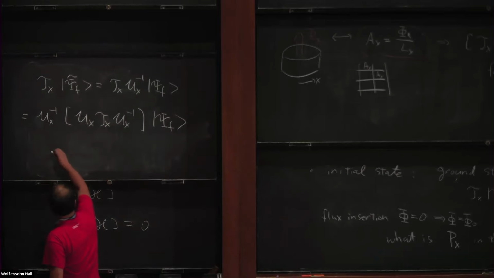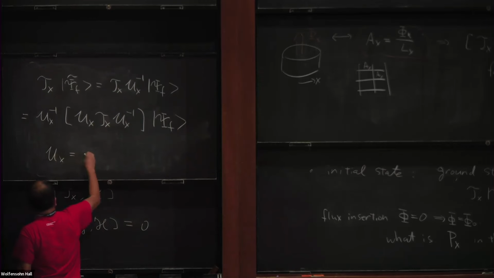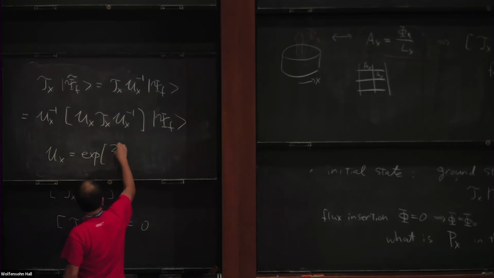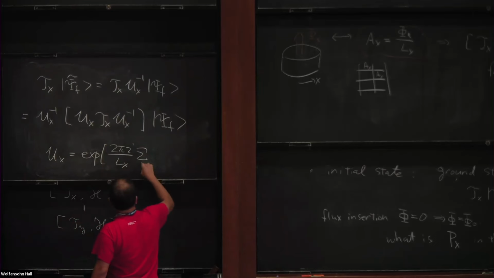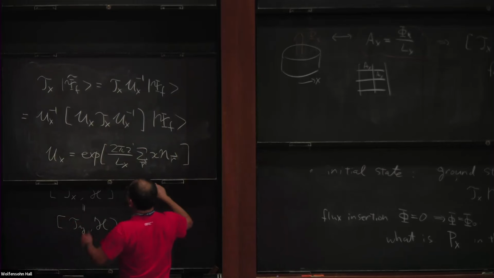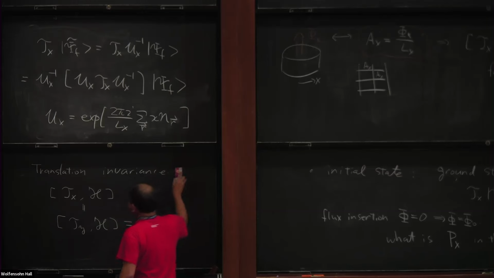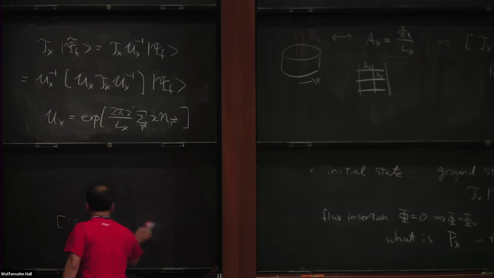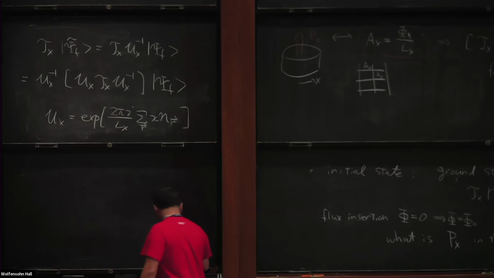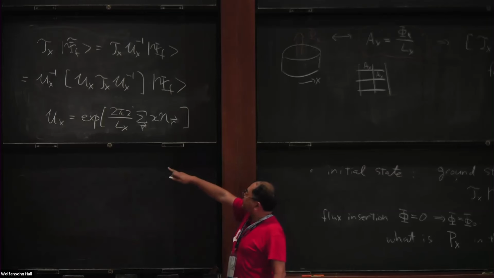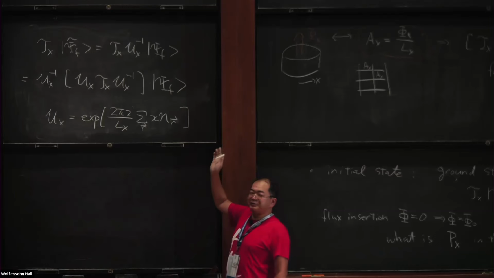And now we recall the definition of this large gauge transformation operator, at least for the lattice model we are discussing. So you sandwich this translation operator by Ux and Ux inverse.